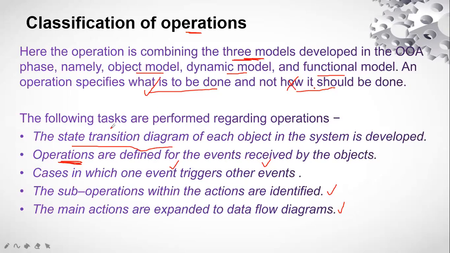We are developing the state transition diagram. Which category does it come under? It comes under the dynamic model category. We are creating the DFD. Which category does it come under? It comes under the functional model category, right? So this is the combining of the three models developed in the OOA phase.